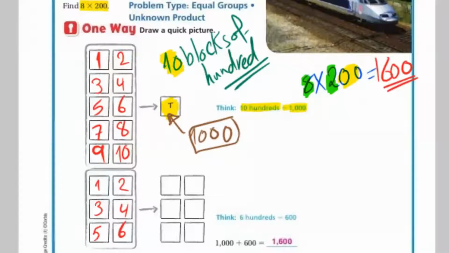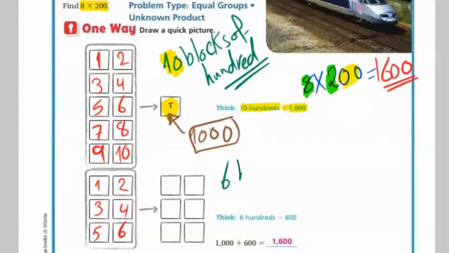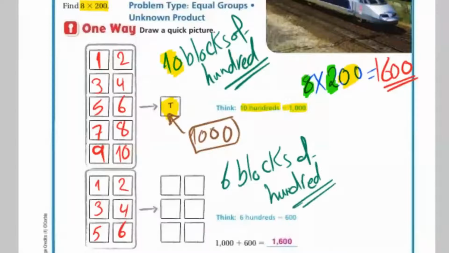So 6 blocks of 100 will be 600, right? 600 is 6 and 2 zeros. After that, add them together. 1000 plus 600 equals 1600. Okay, let's move to the next one.